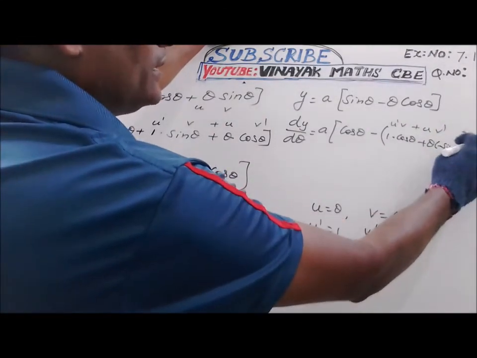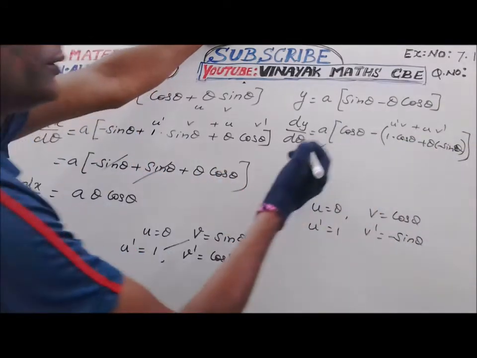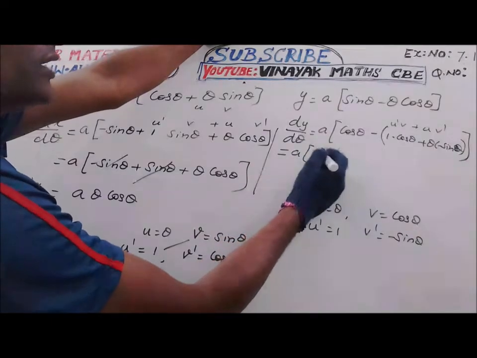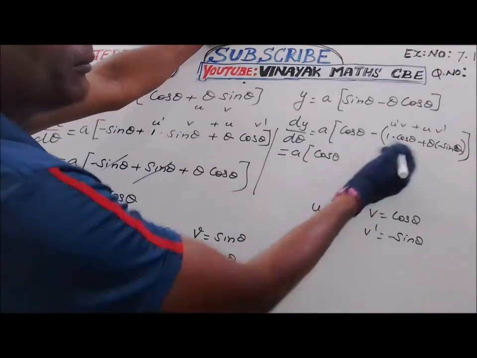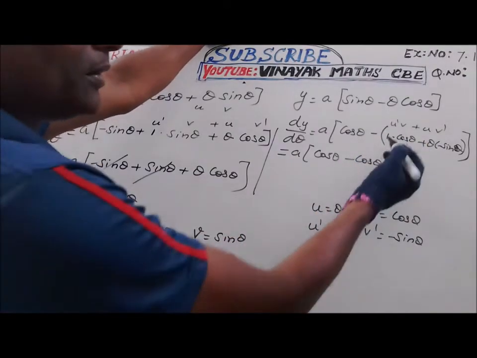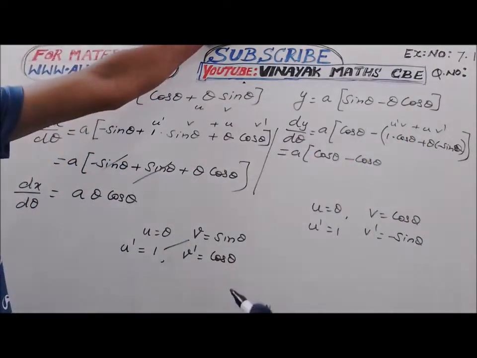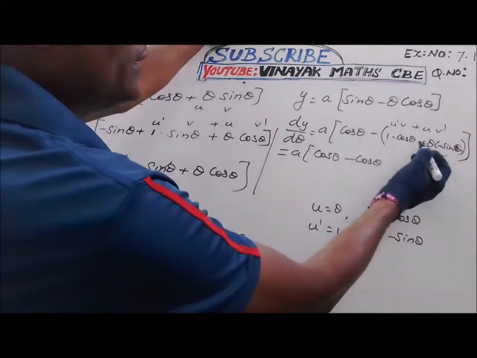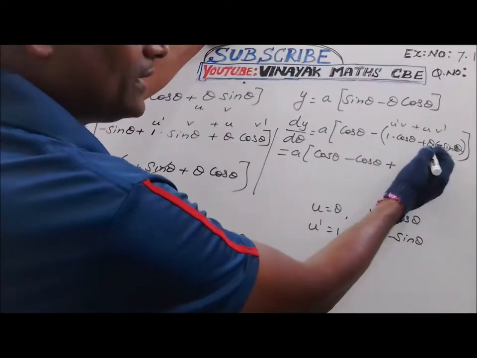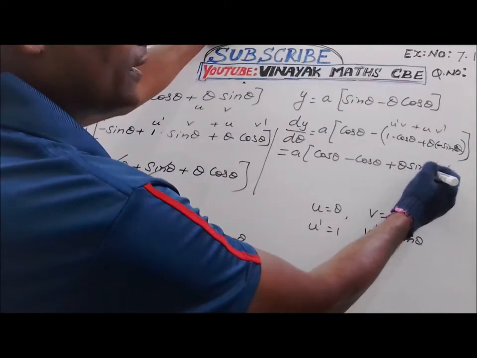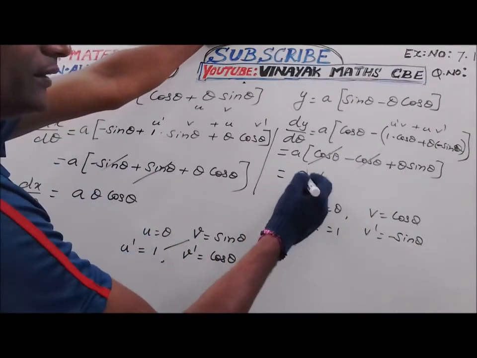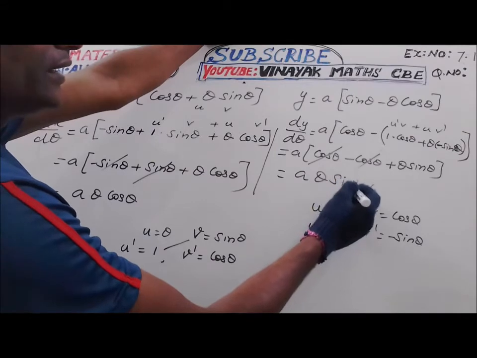Now simplify it, we get cos theta minus cos theta, because 1 into cos theta, multiplying the minus, is minus cos theta, and then here we have minus sin theta, this minus into minus is plus, theta sin theta. So cos theta minus cos theta gets cancelled, remaining is a theta sin theta.